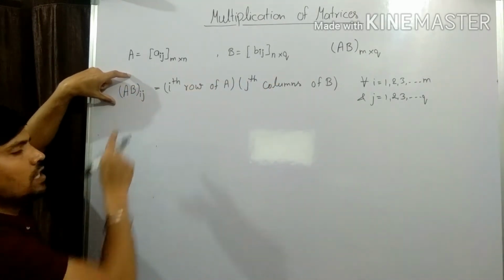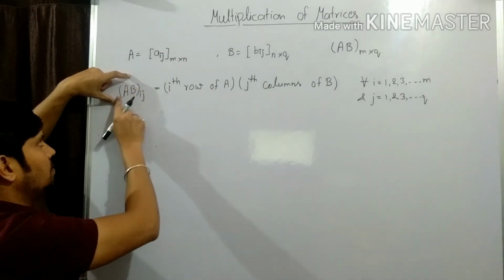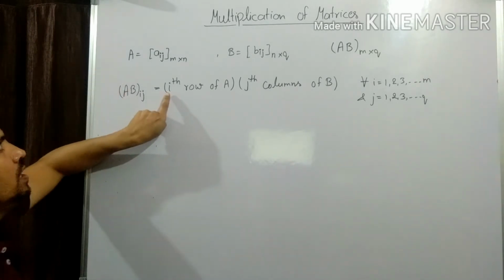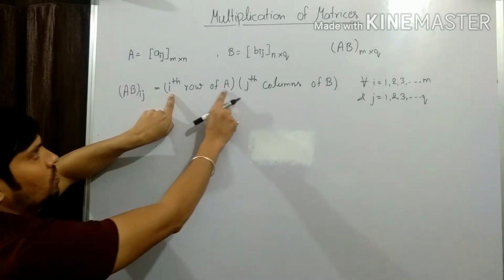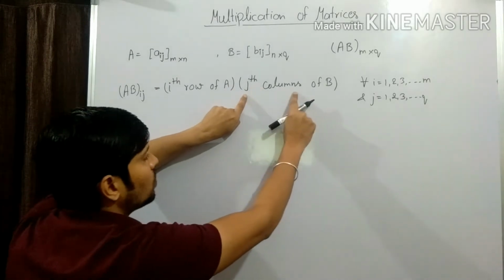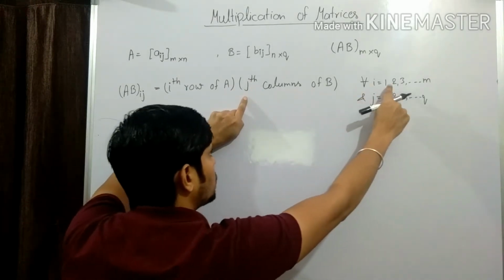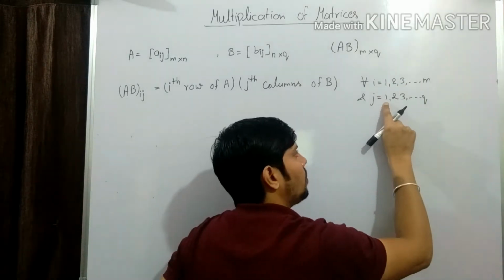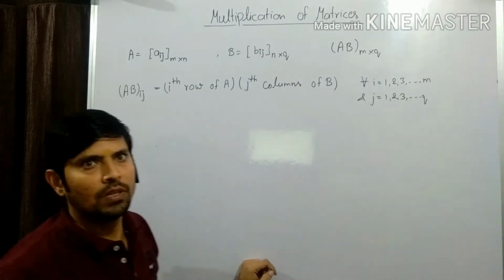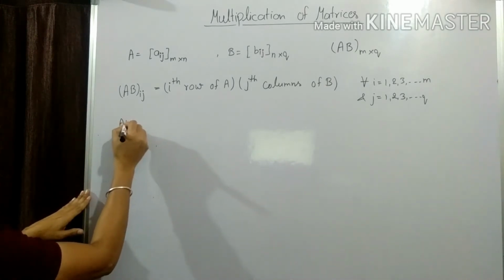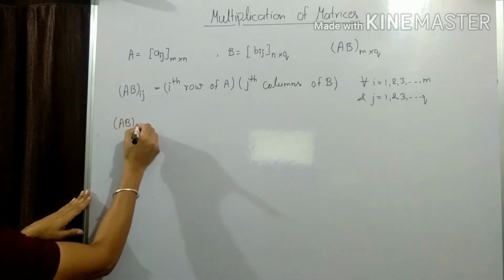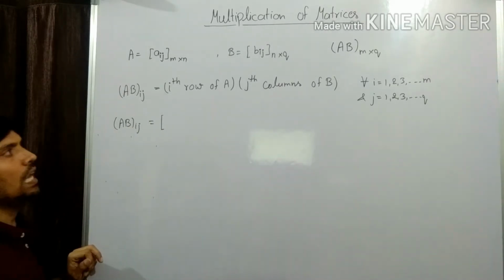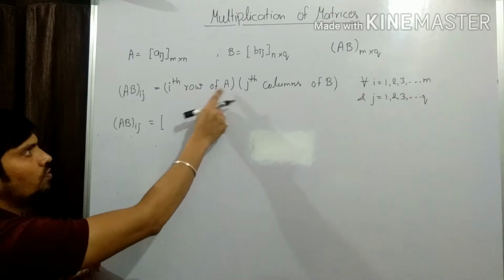Let us suppose (AB)ij is an element of the matrix, then it can be determined by the ith row of A into the jth column of B, for all i equals 1, 2, 3 up to m, and j values from 1 to q.